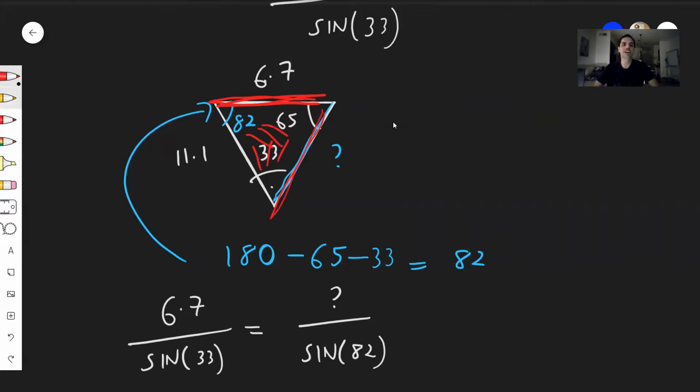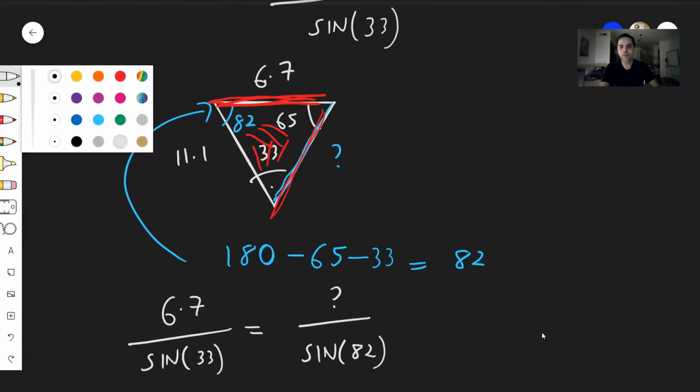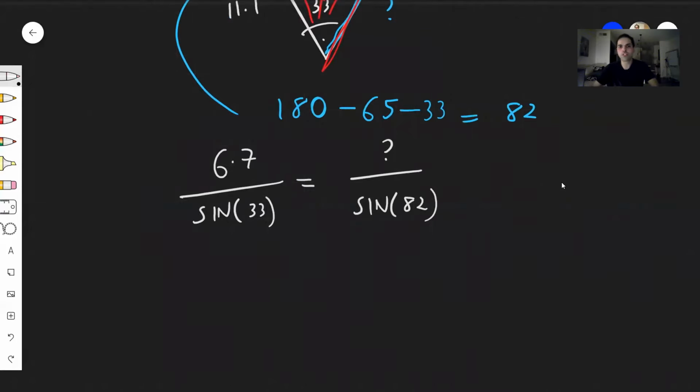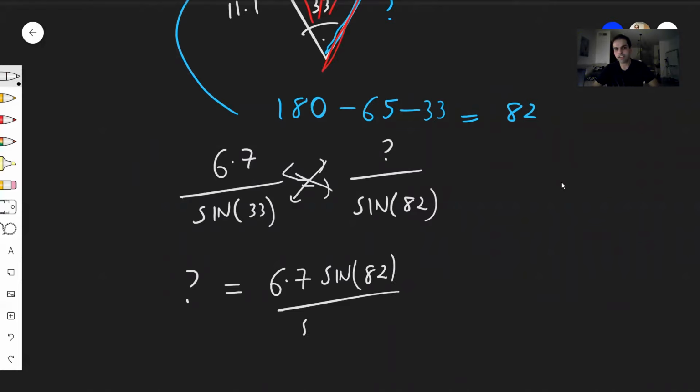So this side divided by sine of 82. Then you can again just cross multiply and solve for question mark. So question mark becomes 6.7 times sine of 82 divided by sine of 33. And that's roughly 12.2.